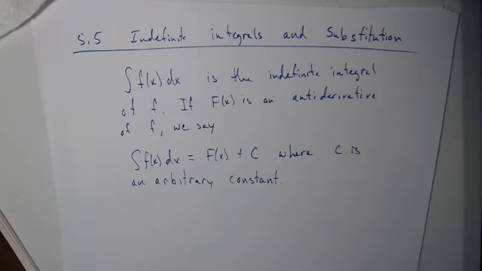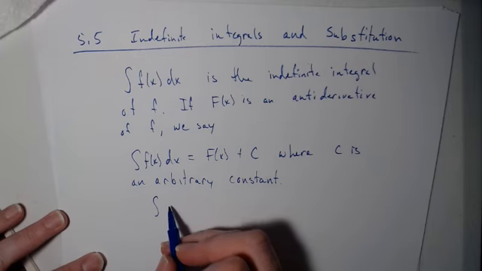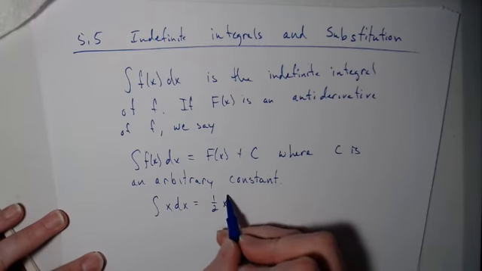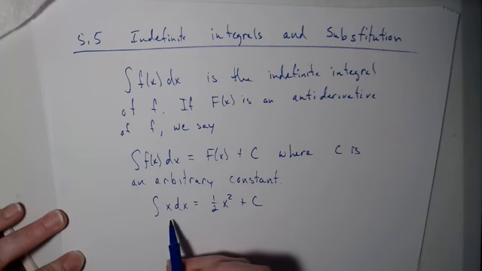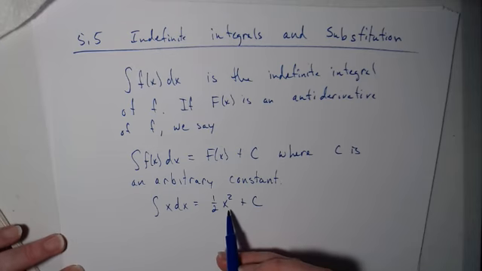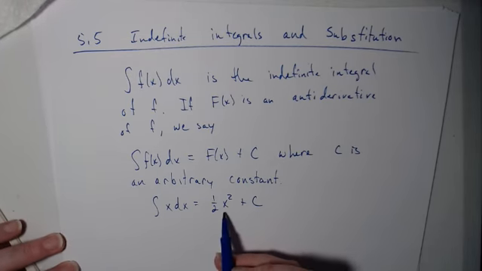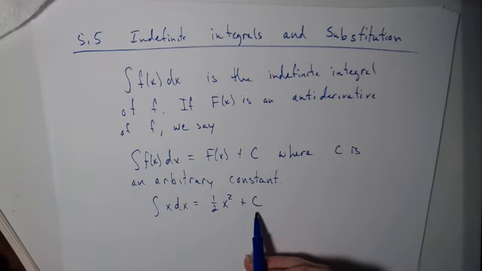So real quick, an example: the indefinite integral of x dx equals 1/2 x squared plus c. The antiderivative of x is 1/2 x squared, and any other antiderivative is at most a constant different.